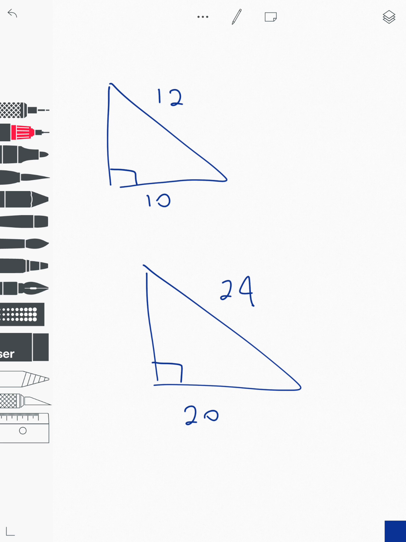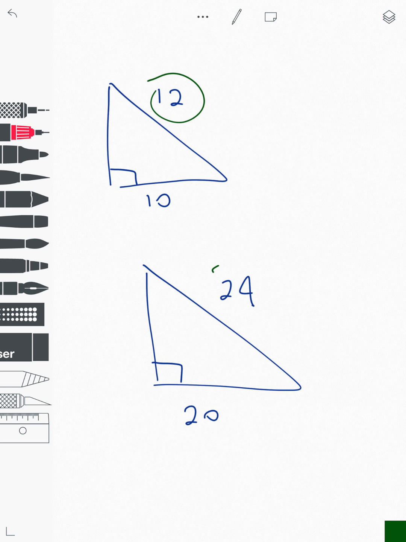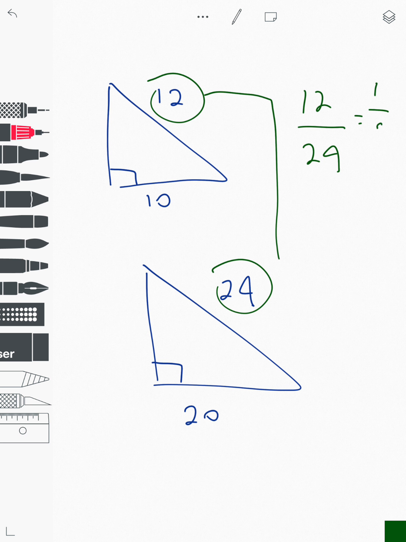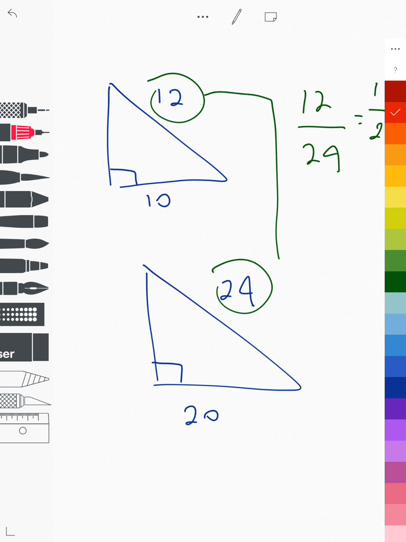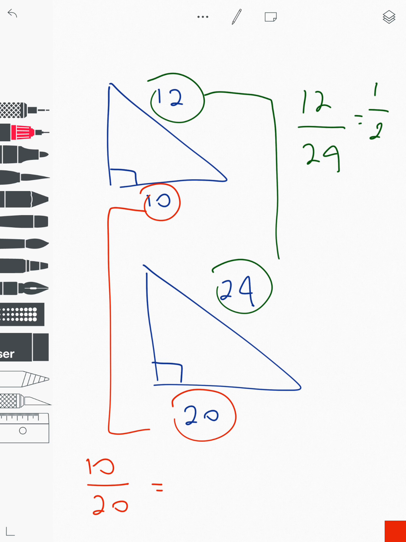So the hypotenuse here is 12 and 24. And if we look at those proportions, 12 over 24, we get 1 over 2 as a simplified fraction. Now, if we look at the second set, or the smaller side, we get 10 over 20, which equals 1 over 2 as a simplified fraction.